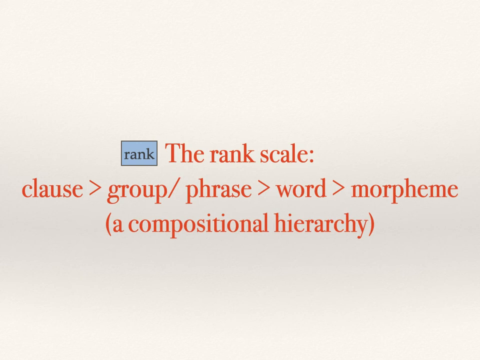Clauses consist of groups, phrases. Groups then include nominal groups, verbal groups and adverbial groups, and phrases, prepositional phrases. Groups in turn consist of words, and words in turn consist of morphemes. That's the rank scale in English, and as I said also in Chinese, for example.